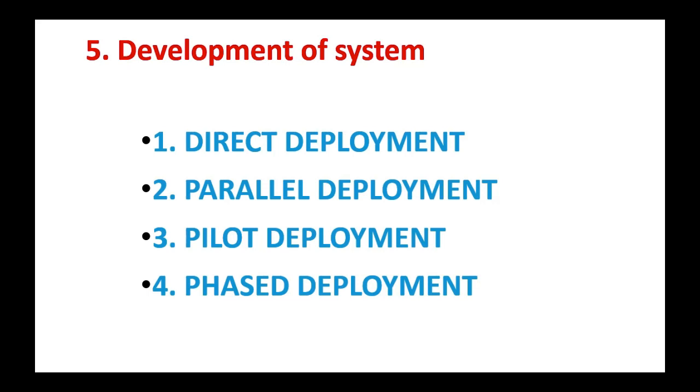That means we check whether it works properly, and if it is okay, the next part is called pilot deployment. Phase deployment is each unit installed, not the whole system, but one or two units are installed, and that is called phase deployment.